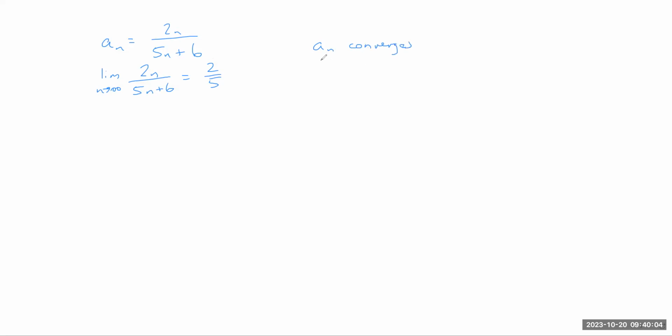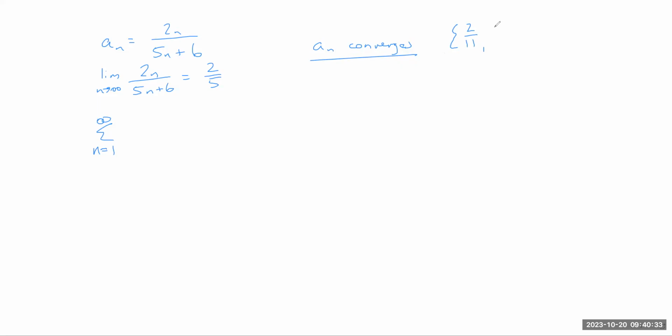But now I want to look at something else. What if I want to look not at the sequence, but the series? So instead of just listing out all the terms and seeing what the terms go to, now I want to see what happens if I add up all these things. Let me write out what the difference is. What's the first term in this sequence going to be? 2 over 11.